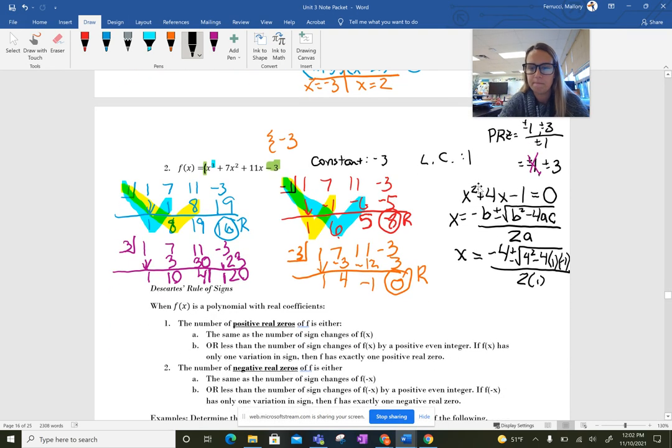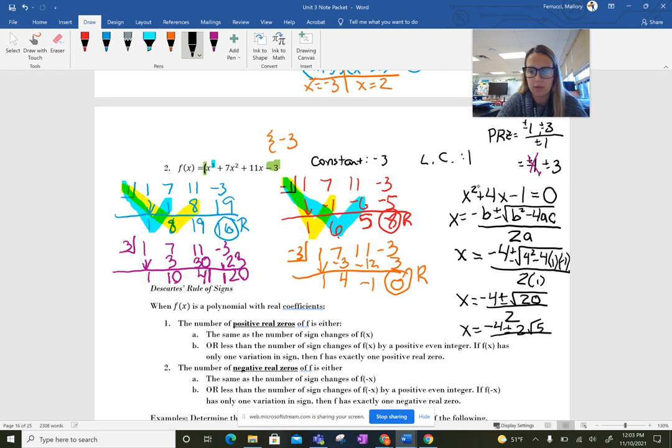Now I would put the numbers in my calculator, which is just 4 squared minus 4 times 1 times -1. So you would end up with 20 over 2. So -4 plus or minus the square root of 20 all over 2, which the square root of 20 simplifies to 2 radical 5.